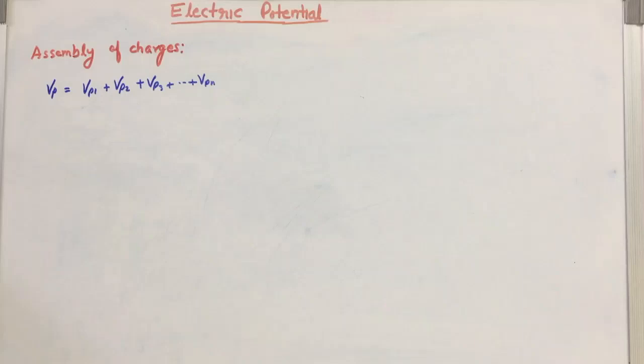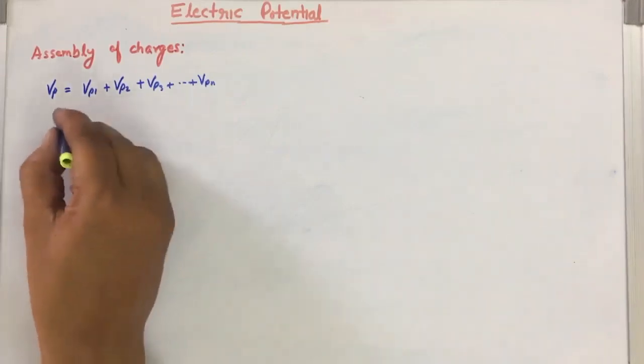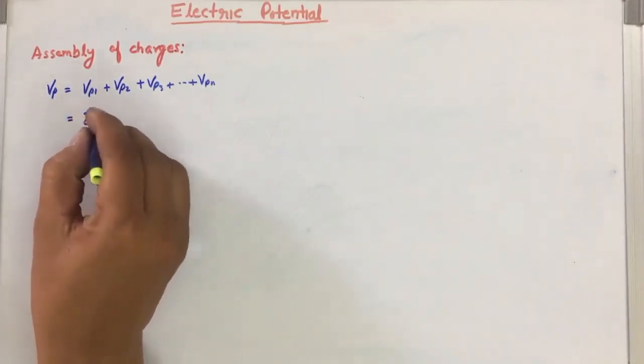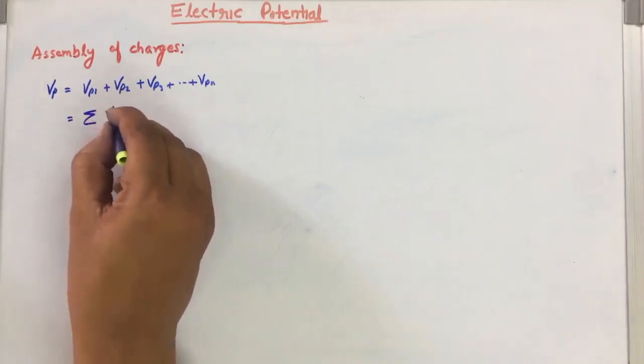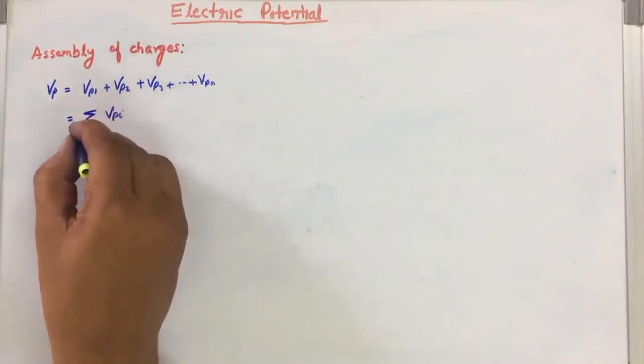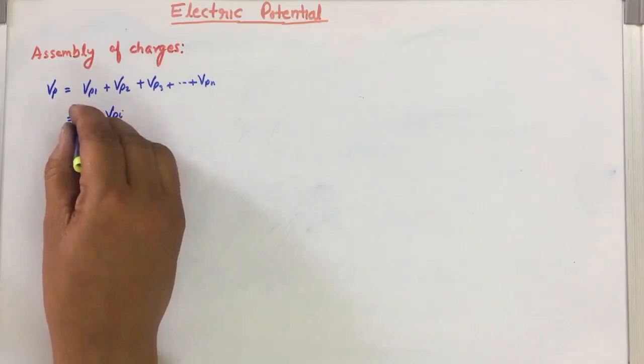like that, no need to draw the figure, you can visualize the image, and in that case we can write the potential will be the summation for i equal to 1 to n.